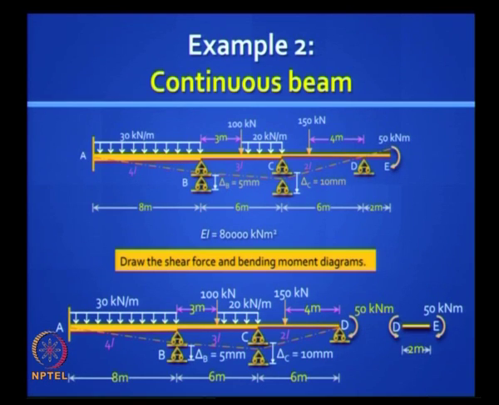So when you remove it, you know that if you have a clockwise moment of 50 kilonewton meter at the free end E, you have an anti-clockwise moment at D, and Newton's third law says the same moment will act in the opposite direction in the segment ABCD at D. So you are now applying this as a nodal moment, except that it is not really going to a global coordinate. We will explain that shortly.